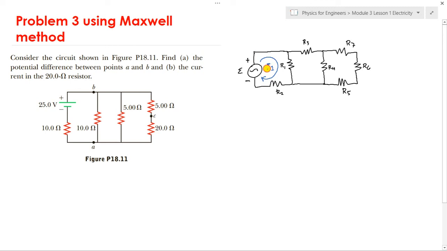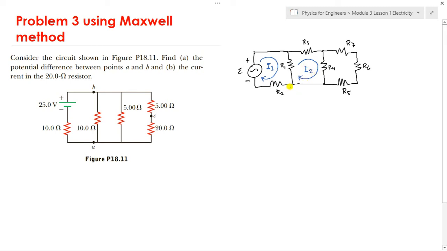Meaning I1 passes through our power source, and also through both resistors R1 and R2. The next, since by Maxwell's method we assume a direction of current for each loop, and obviously we have three loops, I assume my direction goes like this, and I'm going to label this one as I2.